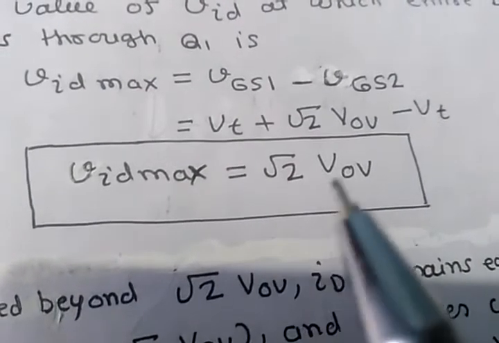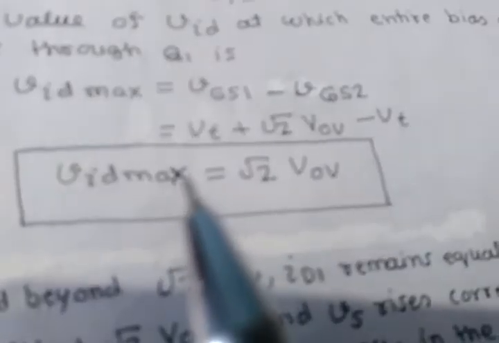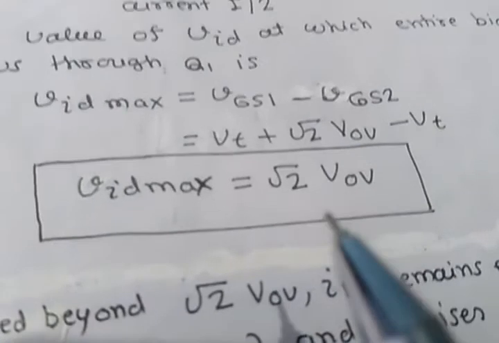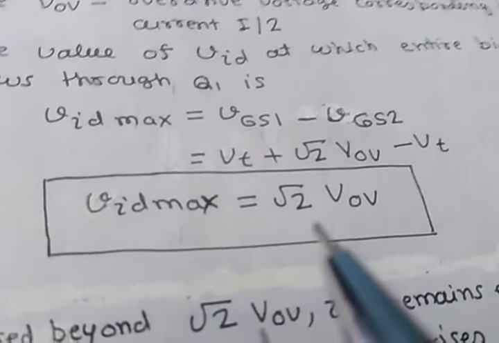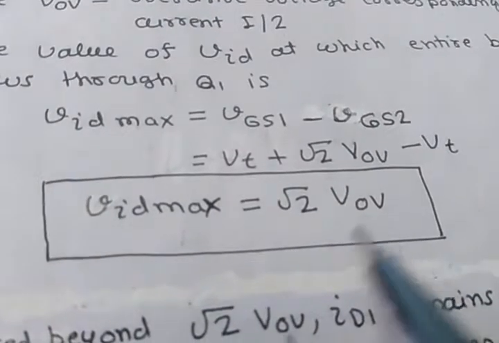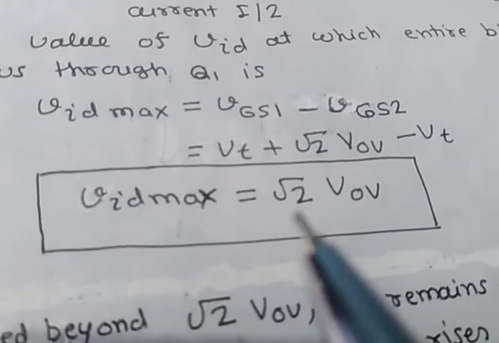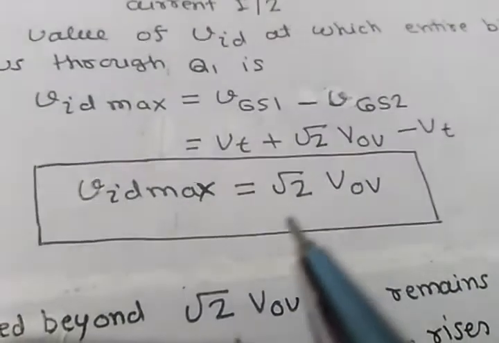Transistor Q2 will be off. It means if the differential input voltage is less than root 2 VOV, then current will flow through both the transistors. If the differential input voltage is greater than root 2 VOV, in that case Q2 will switch off and the entire current will flow through transistor Q1.